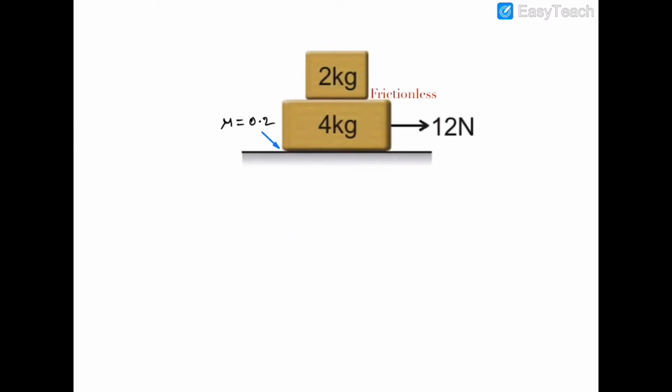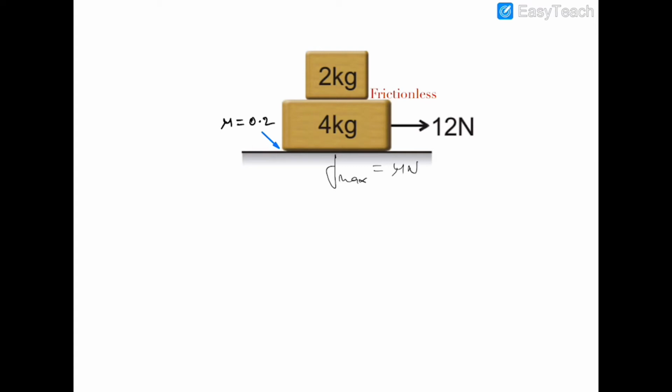In the second case, there is a rough surface under the 4 kg block, and here we should write down the maximum possible value of friction which can act on the 4 kg. So it would be mu into normal reaction.